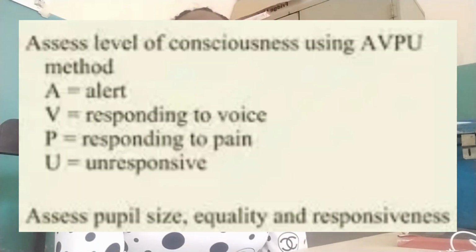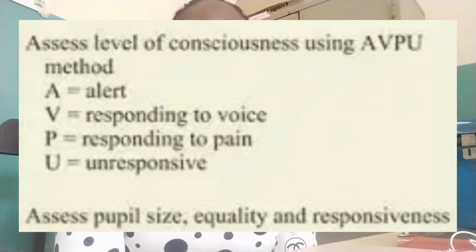And we go to disability. Disability in children, we use AVPU. We can monitor the alertness of the patient, if the patient is responding to verbal command, if the patient is responding to pain, if the patient is not responding at all.